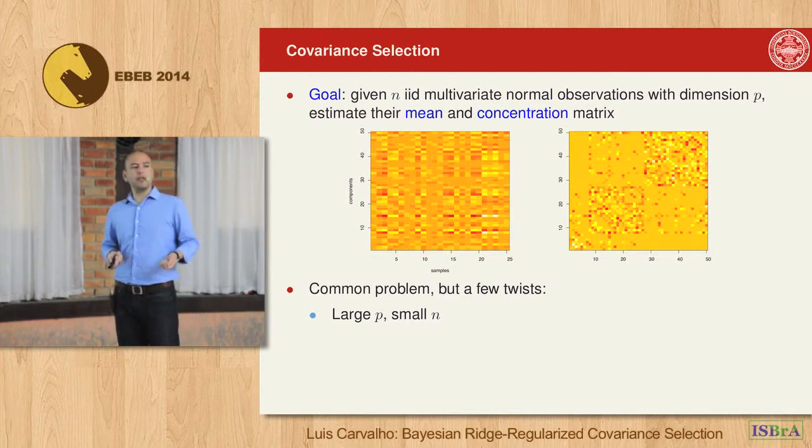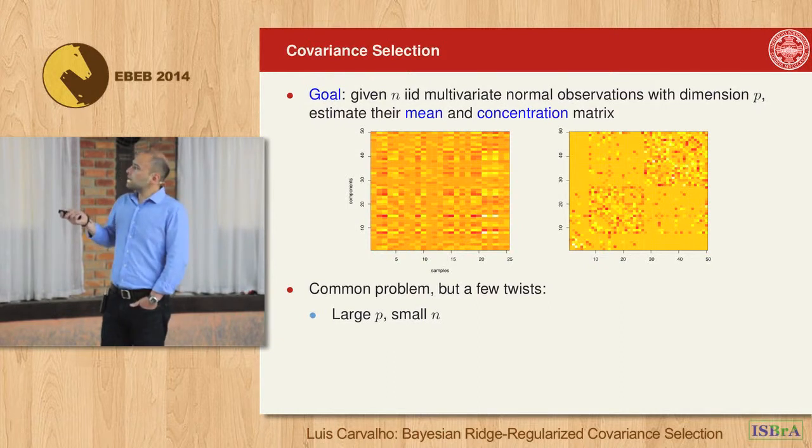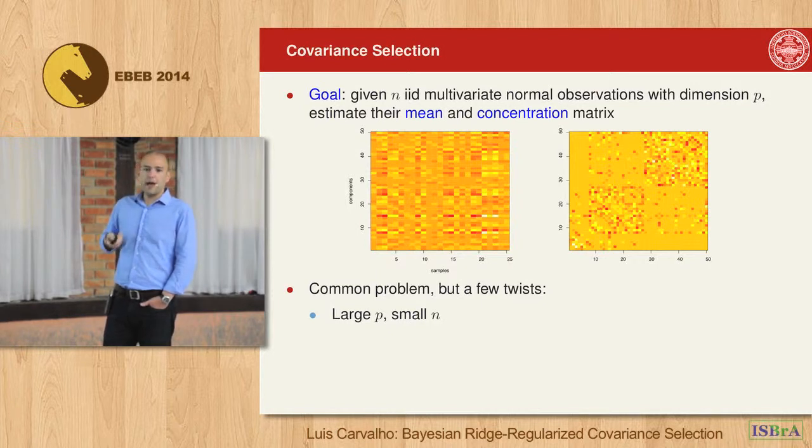One solution is to look at this concentration matrix and say, if I know that my p is much larger than n, I have to assume something. The assumption is that some components are conditionally independent of others, given all the other components but those two.